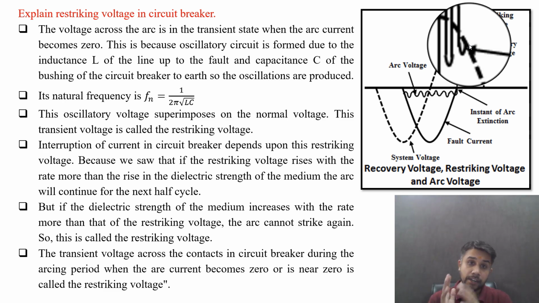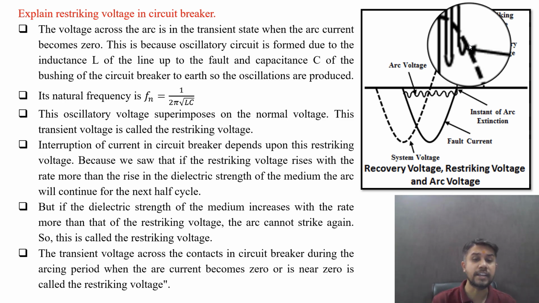But if the rate of rise of restriking voltage is lower than the rate of build-up of the dielectric strength of the medium, then the arc will extinguish and will not strike again. This statement is based on Slepian's theory.